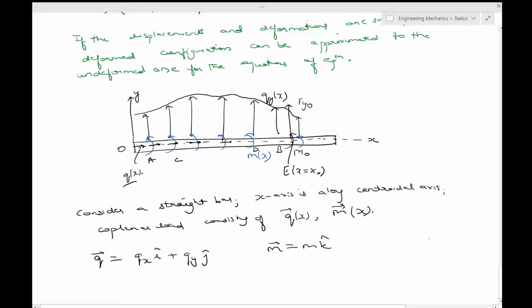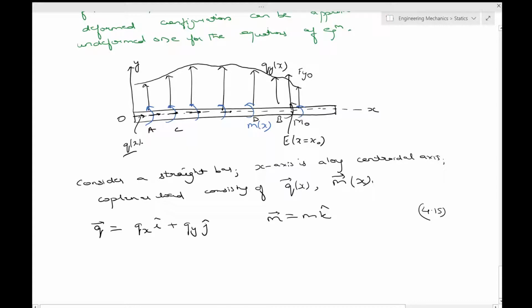This is equation 4.15. When at x equal to x naught, just like in the previous case, we have F_x naught i hat plus F_y naught j hat, and you have M naught k hat as the moment.